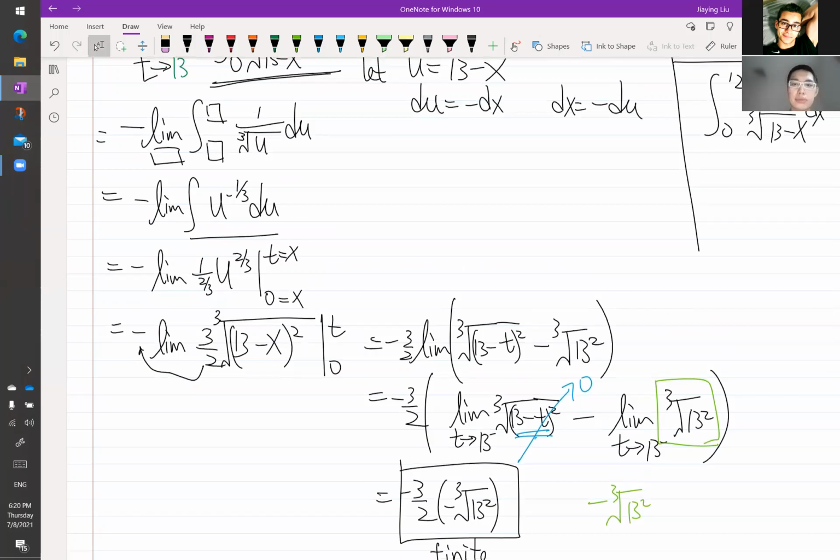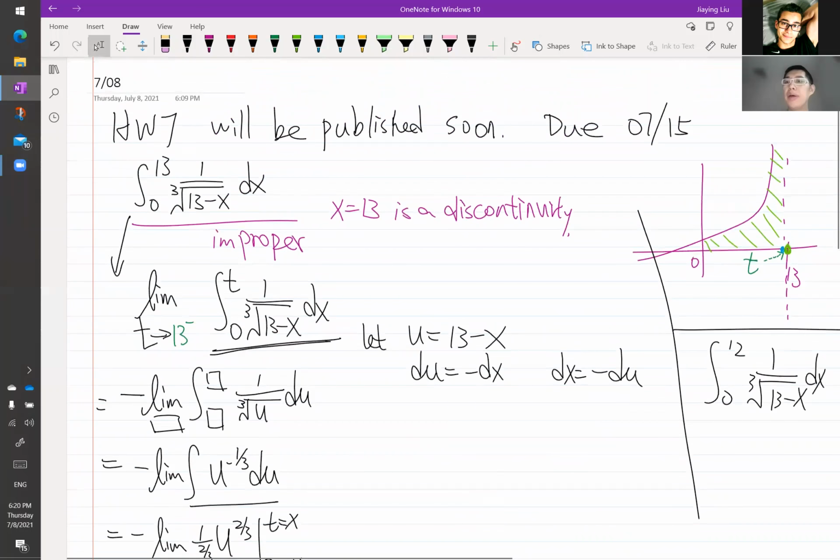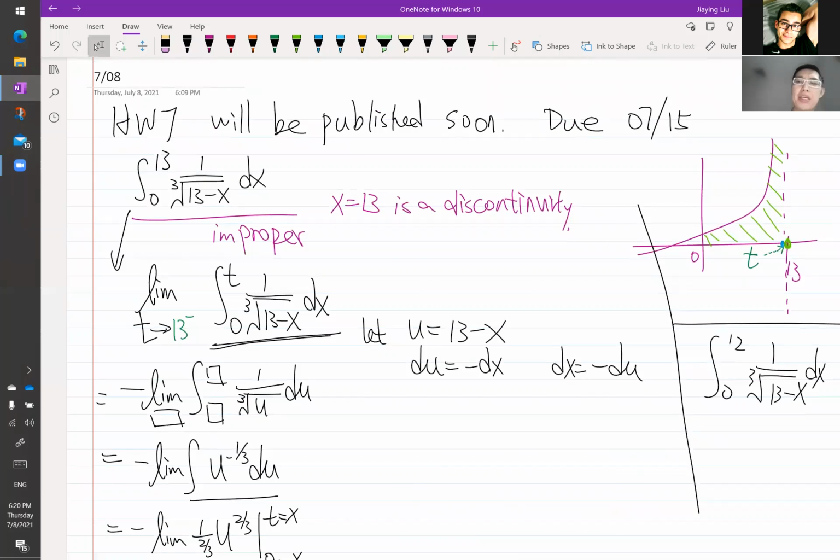Sorry, how did you know it was to the left of 13 again? I use the area that I'm integrating over, or you can just think about the interval, right? So we know that we're integrating from 0 to 13. 13 is a discontinuity, but we're integrating in this part. So when we pick the t, we want the t to approach that discontinuity.